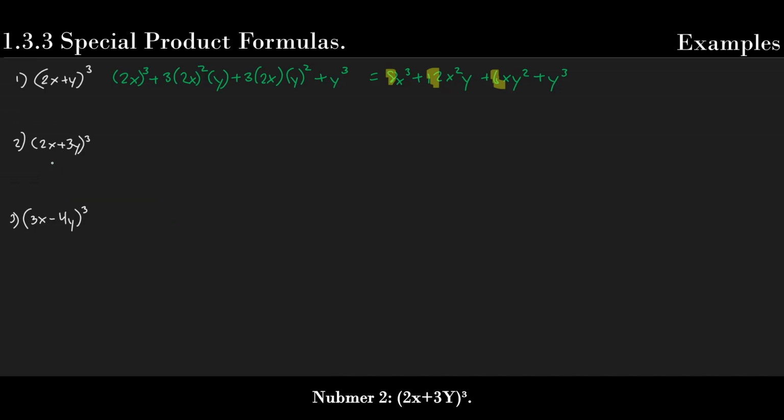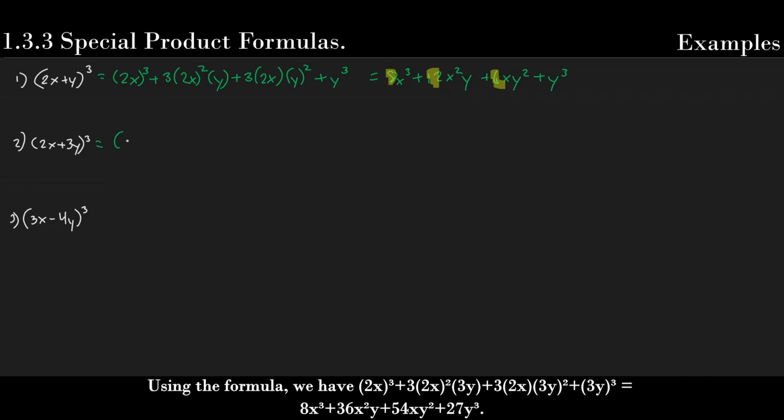Number 2, (2x + 3y)^3. Using the formula, we have (2x)³ + 3(2x)²(3y) + 3(2x)(3y)² + (3y)³.